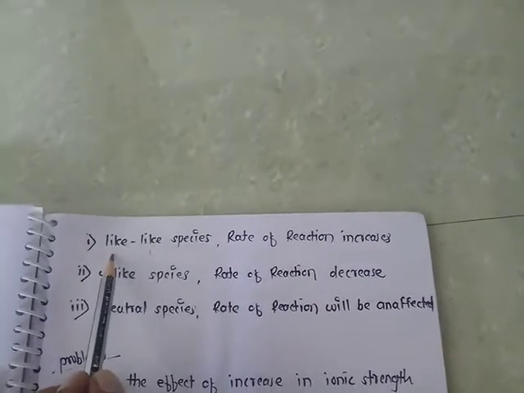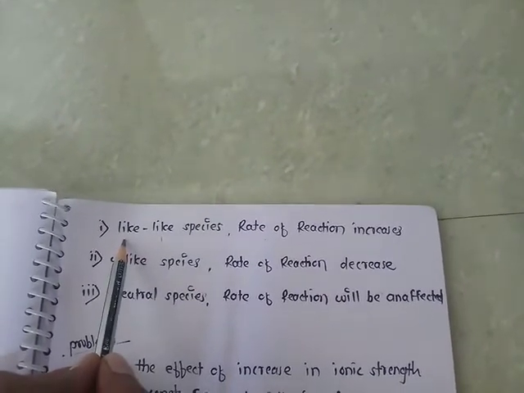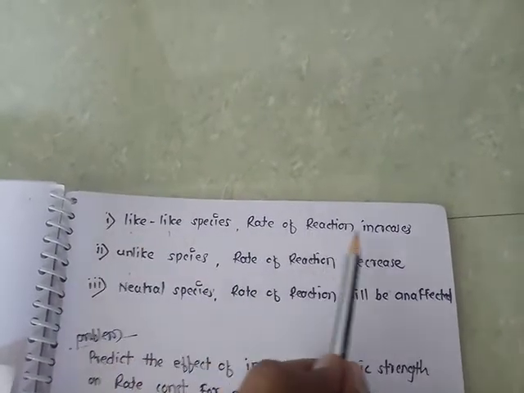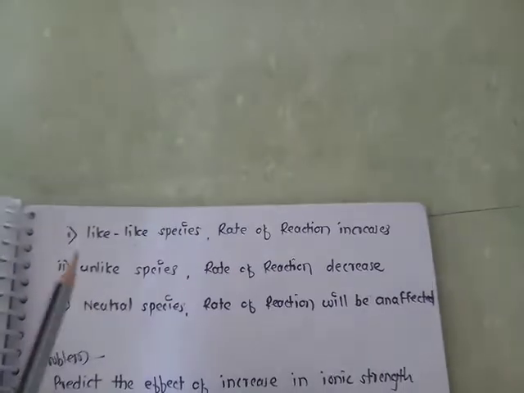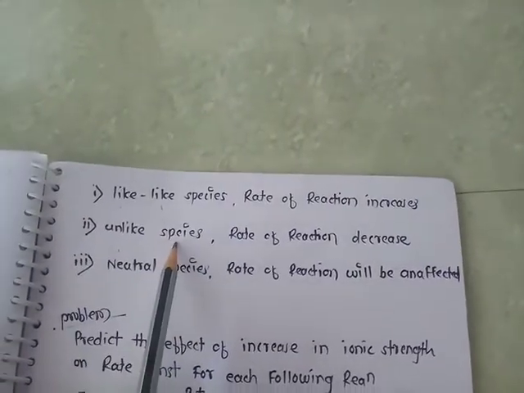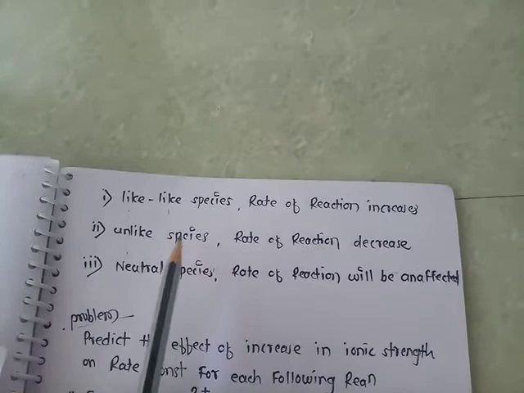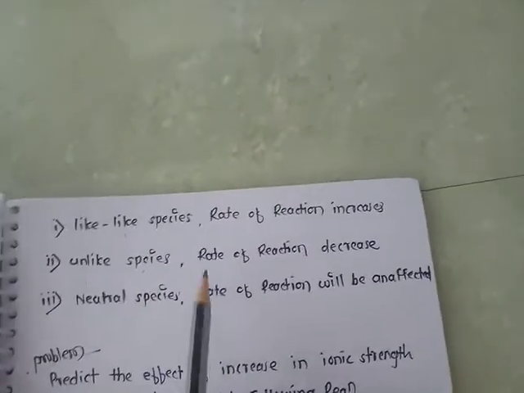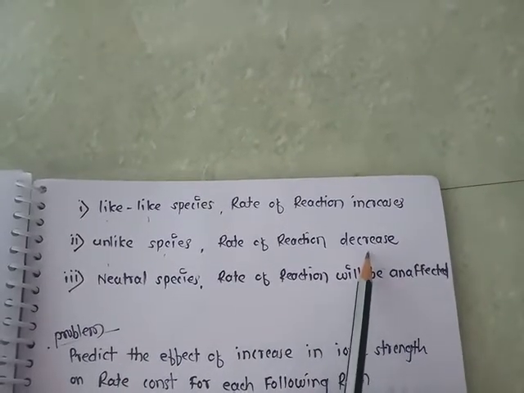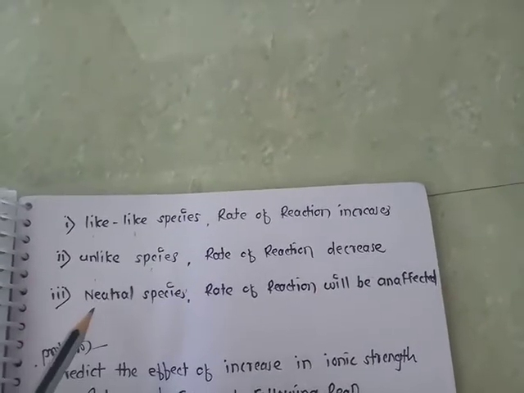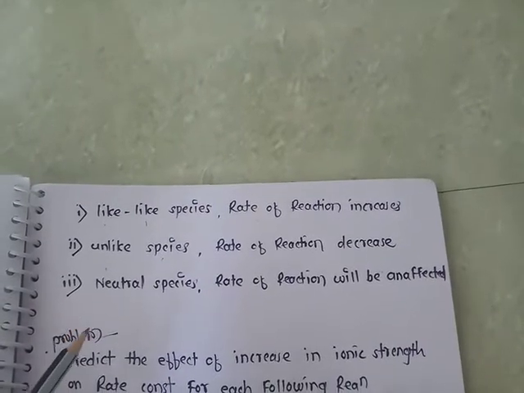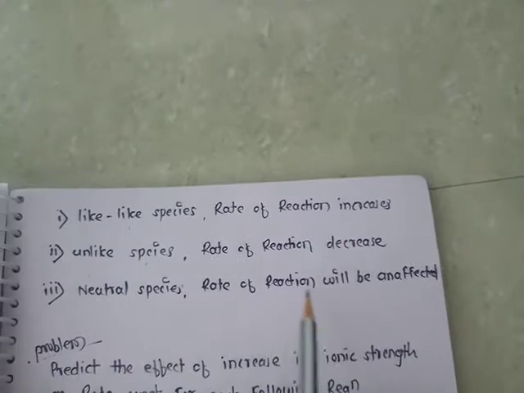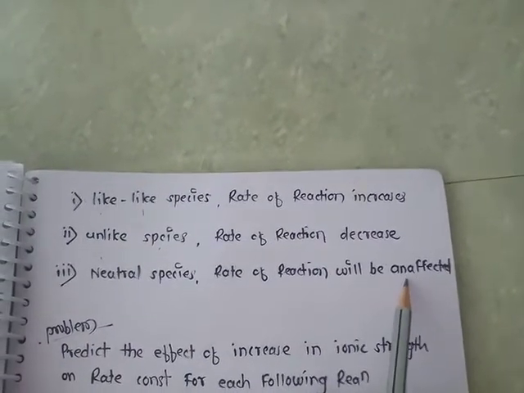Like species means if both species are positive or both species are negative, at that time rate of the reaction increases. Second, unlike species. Unlike species means one species is positive, another species is negative, or vice versa. Rate of the reaction decreases. Neutral species: if one of the two species is neutral or both the species are neutral, at that time rate of the reaction will be unaffected, that is constant.